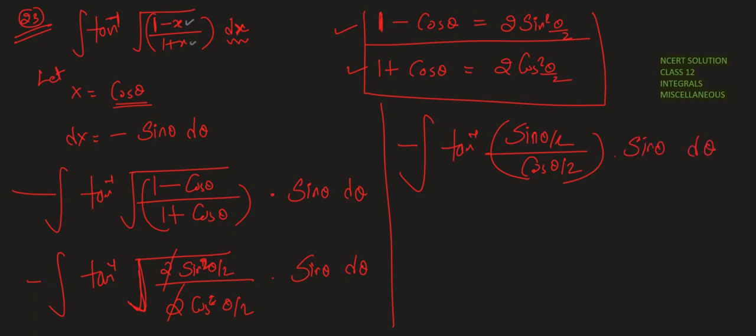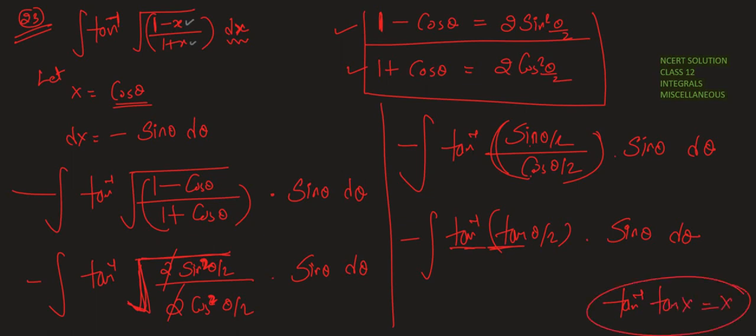Why? Because this square disappeared because of this under root. And what is sin by cos? Everybody knows, this by this is tan theta by 2 into sin theta d theta. Now we all know tan inverse of tan x is nothing but x.